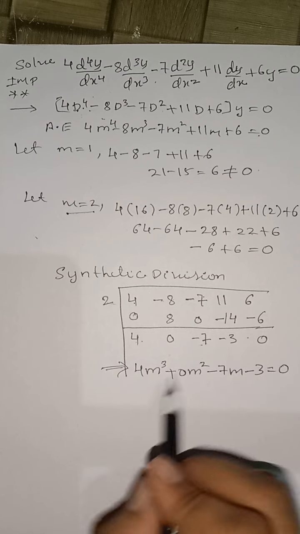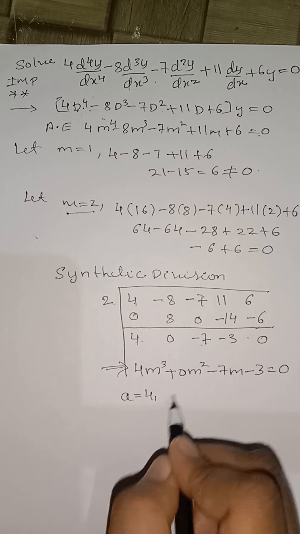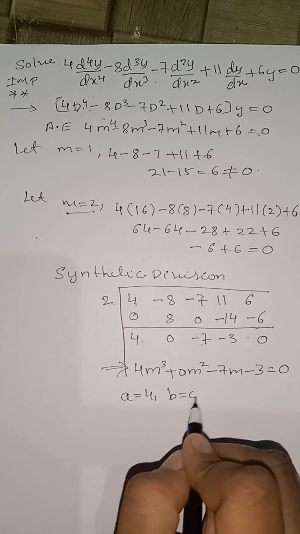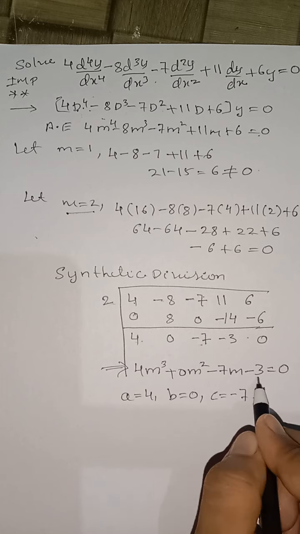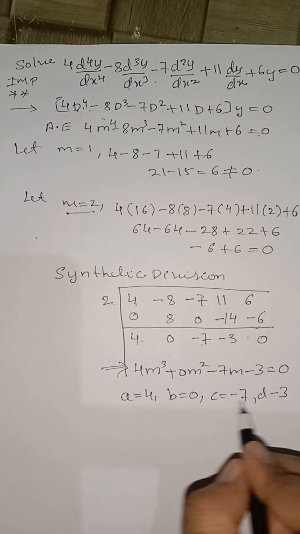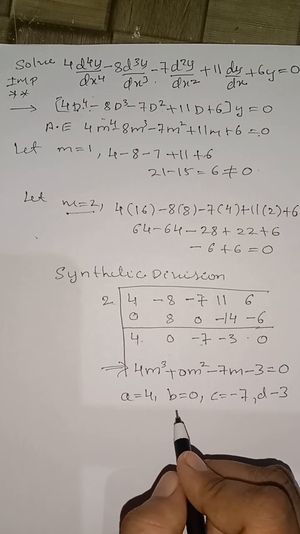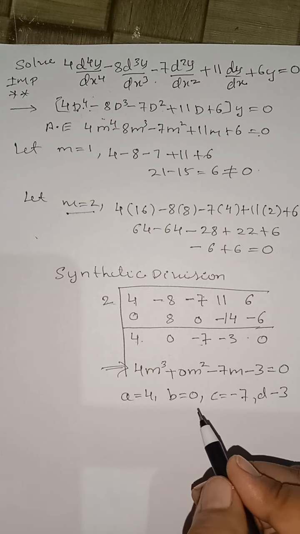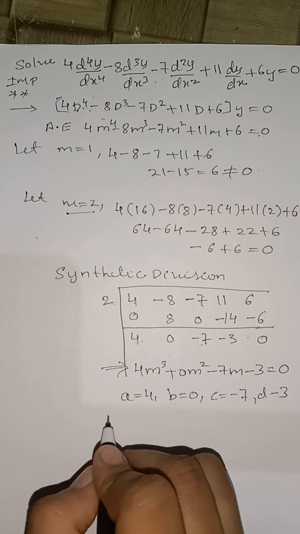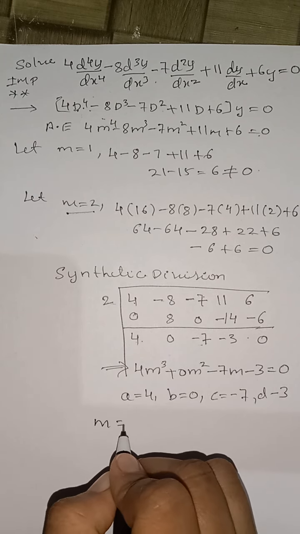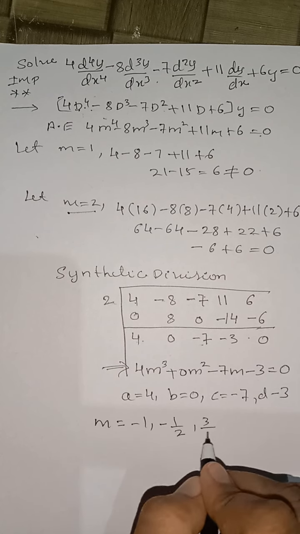Now this is a cubic equation where the coefficient of m cube, a, is 4, the coefficient of m square, b, is 0, the coefficient of m, c, is minus 7 and that of d is minus 3. These values of a, b, c, d you put in the calculator, and you know how to find the roots using the calculator. So when we solve this, you are going to get the roots as m equals minus 1, minus 1 by 2 and 3 by 2.